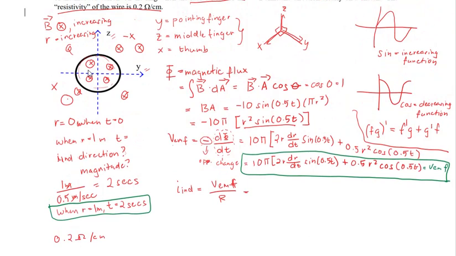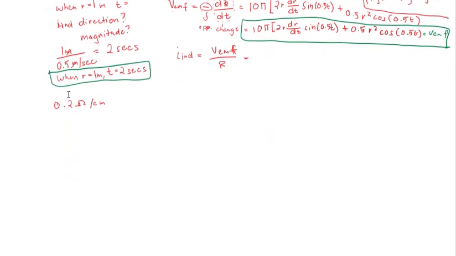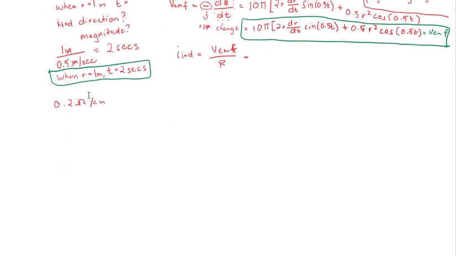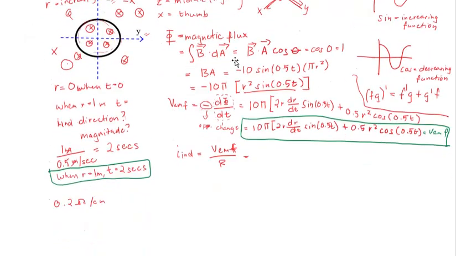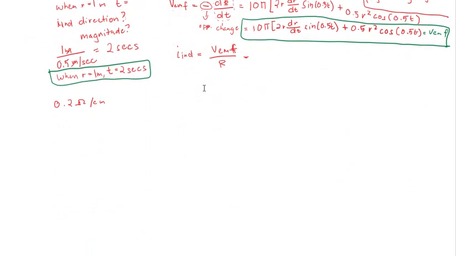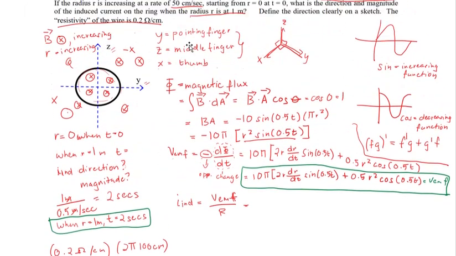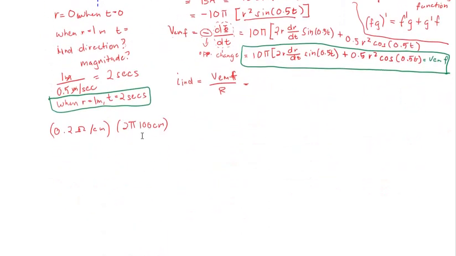It's got to be the length of this circle, and the length of this circle is just its circumference, which is 2 pi r, right? But we know that r, when we're looking for I induced, is at 1 meter. So we just multiply this by 2 pi times 100 centimeters. We just converted 1 meter back to centimeters. Now centimeters cancel because this one is underneath.